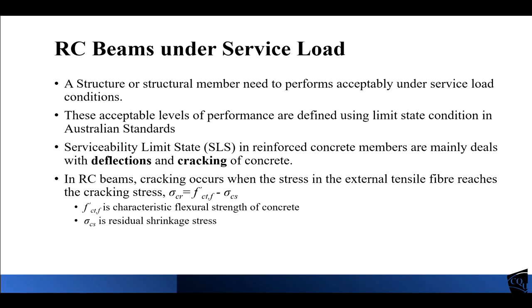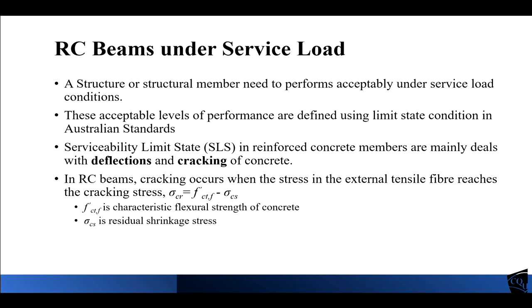If it is bridges, we also need to check the vibration. But deflection and cracks come for all concrete structures. So these are the two checks. We need to know how to check the deflection and how to check the cracking.